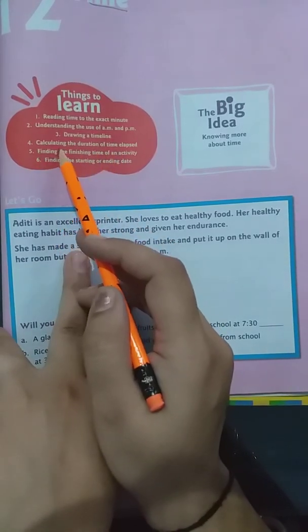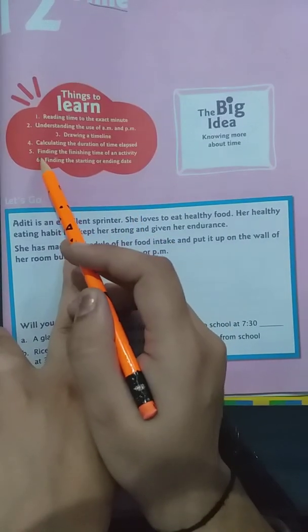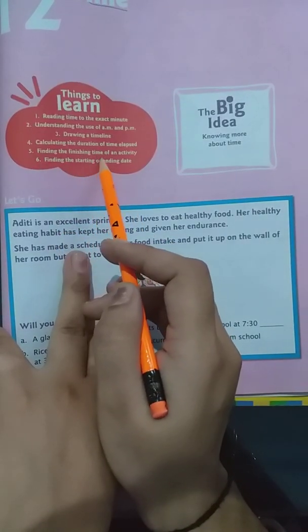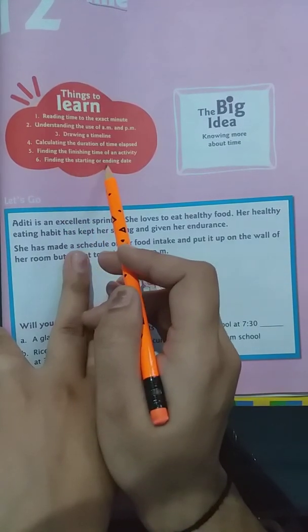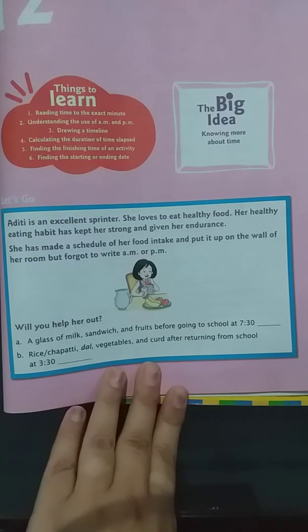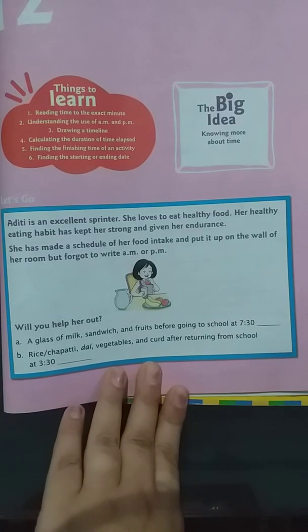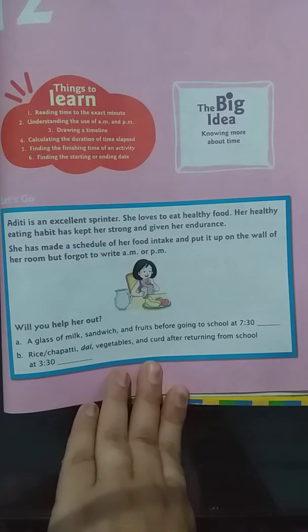Fourth is calculating the duration of time elapsed. And fifth, finding the finishing time of an activity, and finding the starting or ending date. In this way, we can learn different things about time, that means how we can understand the use of AM and PM, etc.